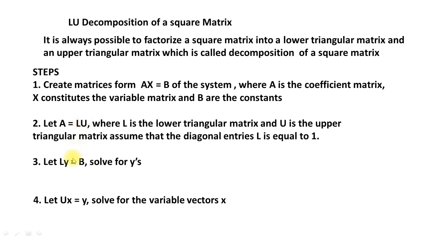Then using the lower triangular matrix and matrix B, find a column matrix Y, and at the end, using the upper triangular matrix and column matrix Y, solve the system for the matrix X, and this X is the variable vector. In this matrix X, we have the unknown variables of the given system.